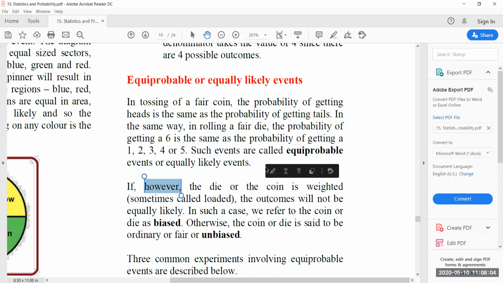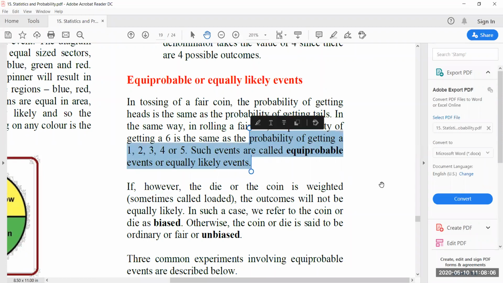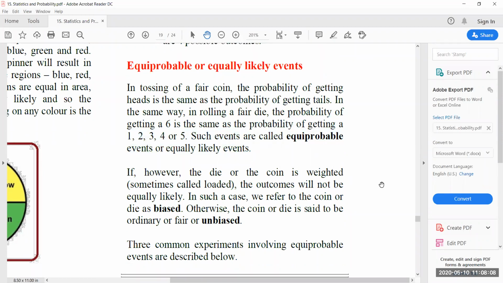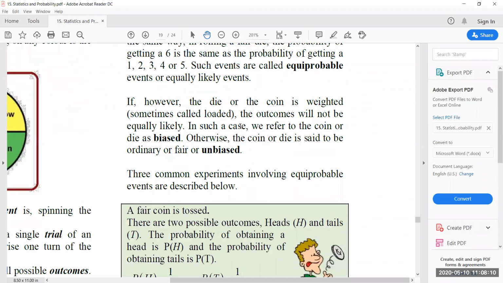Okay, all right. If, however, the die or coin is weighted, sometimes called loaded, the outcomes will not be equally likely. In such a case, we refer to the coin or die as biased. Otherwise, the coin or die is said to be ordinary or fair or unbiased.